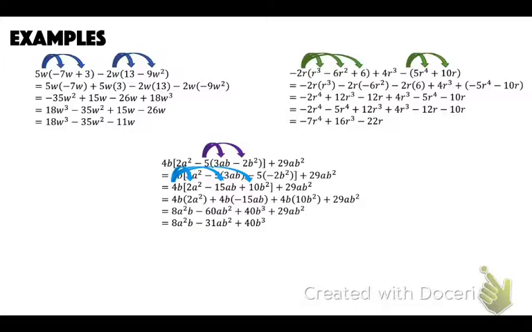Oh, duh. Okay, I made a mistake. So when I was doing it before, it was right here. I think I just had 60b squared. I'd have to go back and look. I don't remember. But then these two can combine. Okay. There you go.